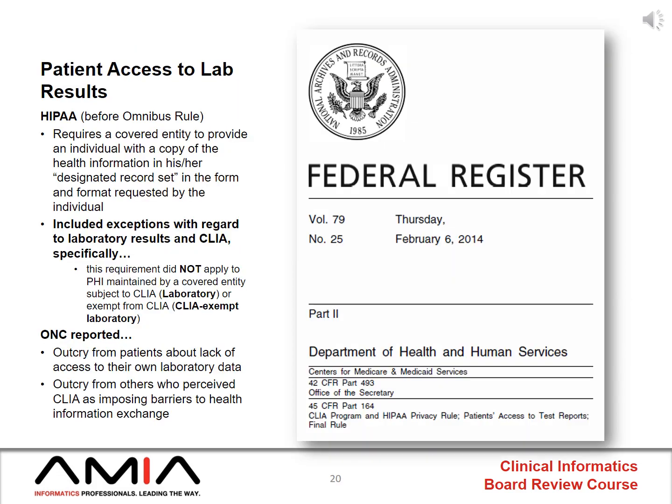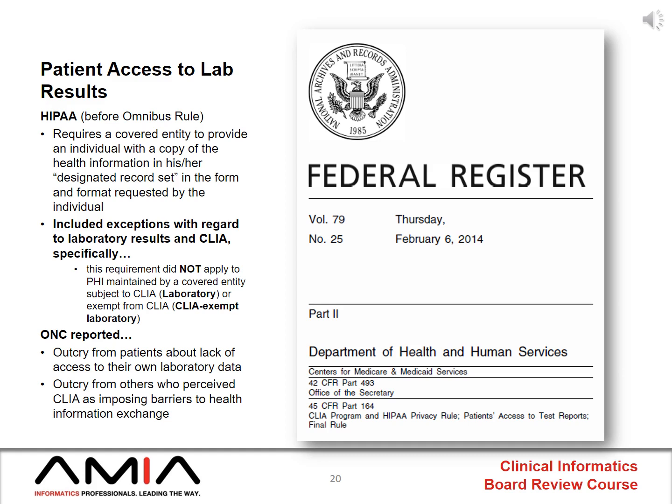So I also want to let you know about another laboratory-specific regulation that definitely impacts entire healthcare systems and how they're able to release patient data or patient results to patients, and that's the patient access rule. So you'll see where this is located in the Federal Register to the right of the slide.